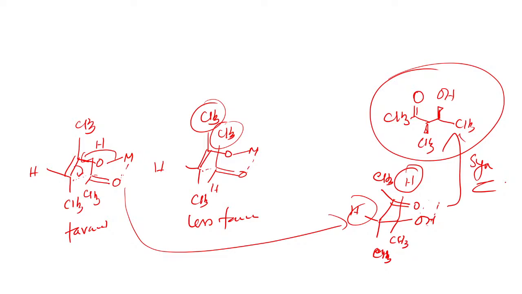So if you have the Z enolate, you'll be able to end up with a syn product. On the other hand, if you have the E enolate, you'll have anti stereochemistry as the major product.